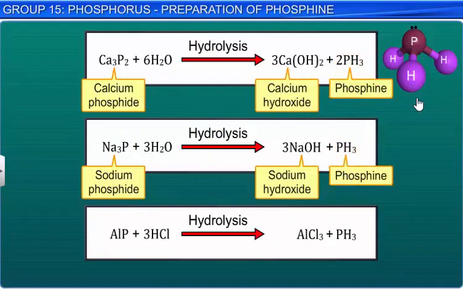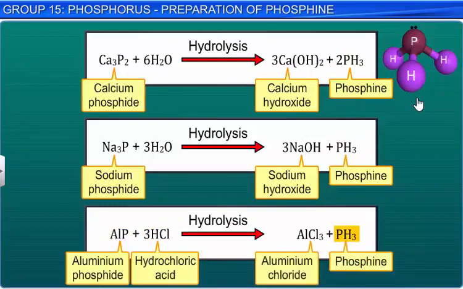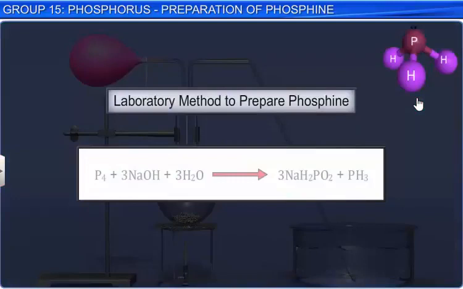Similarly, when aluminium phosphide is hydrolyzed with hydrochloric acid, it gives phosphine. The equations for these reactions are shown here. Phosphine is also prepared by hydrolyzing white phosphorus with a concentrated solution of sodium hydroxide.